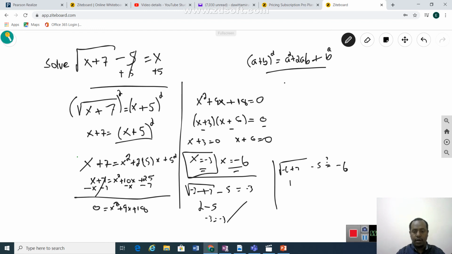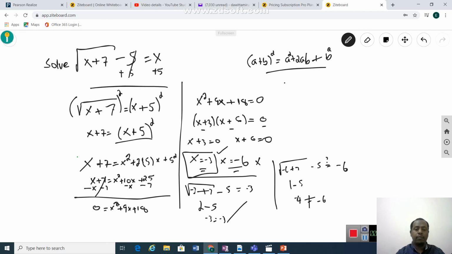The square root of 1 is 1, minus 5. So 1 minus 5 is negative 4. And negative 4 is not equal to negative 6. Therefore negative 6 is not our solution. So negative 6 is an extraneous solution and x equal to negative 3 is our solution.